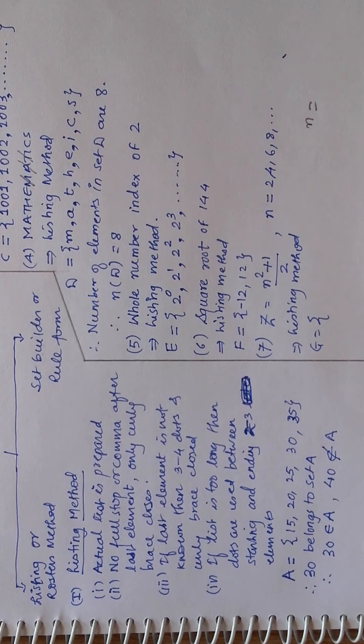Then set A is written 15, 20, 25, 30, 35. In this, you see, element 30 belongs to set A.